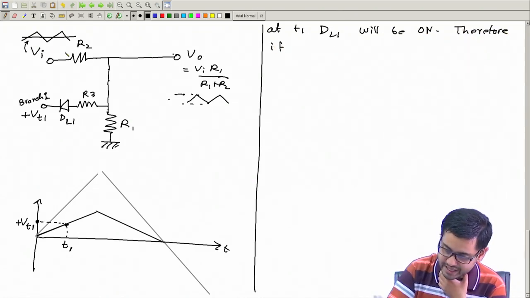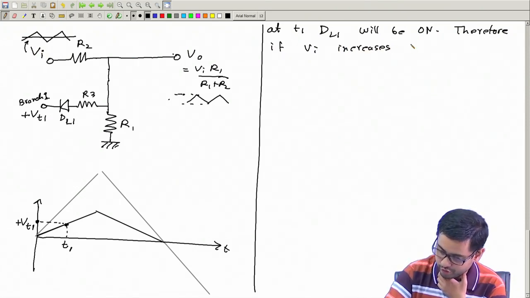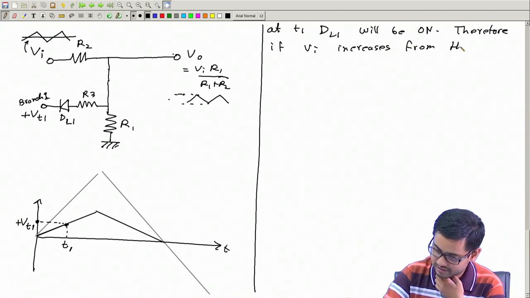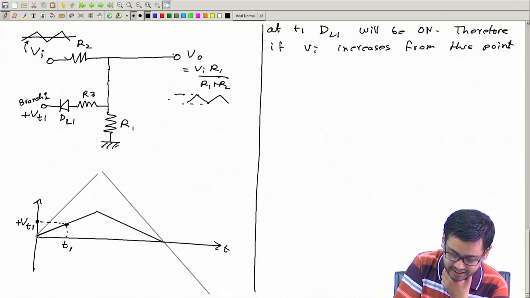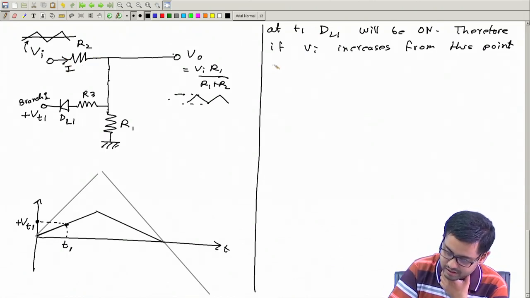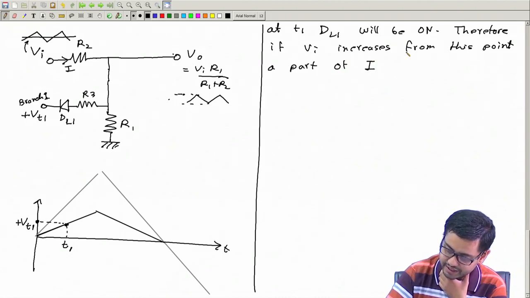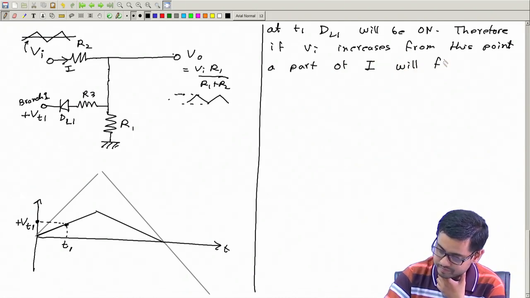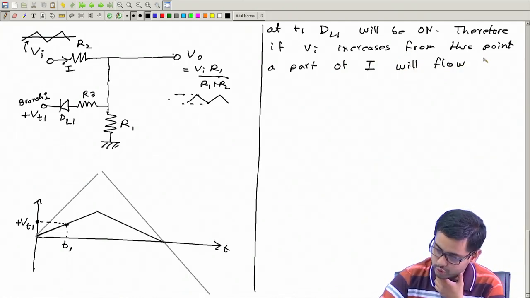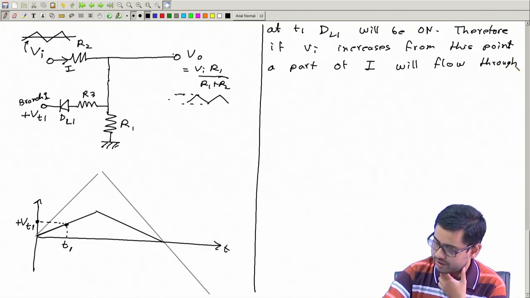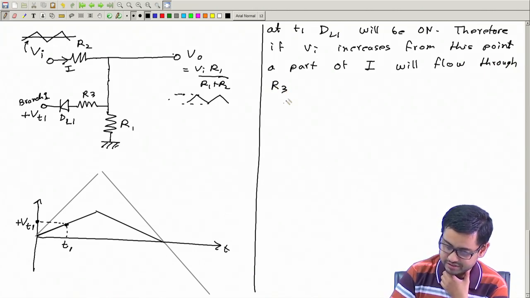Therefore if Vi increases from this point, call this current I, a fraction of this current I will flow through R3.